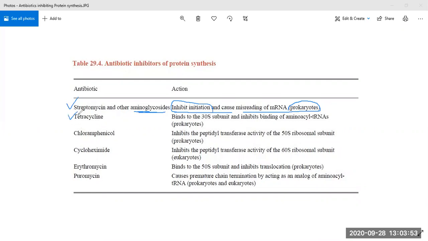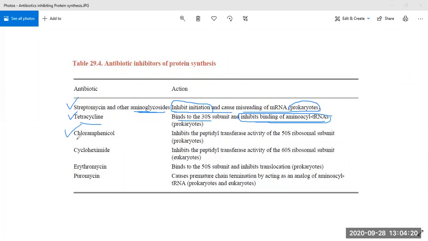We have another kind of antibiotic called tetracyclines. They bind to the 30S subunit and inhibit binding of amino acid tRNAs in case of chain elongation. So once you have the complete ribosome formed, they bind to the 30S subunit, but they don't allow amino acid tRNAs to come and bind at the A site.